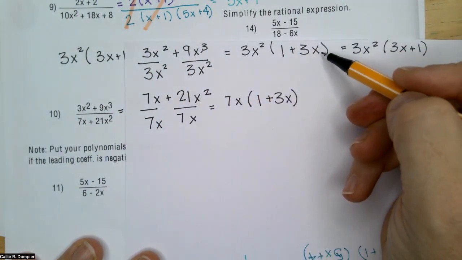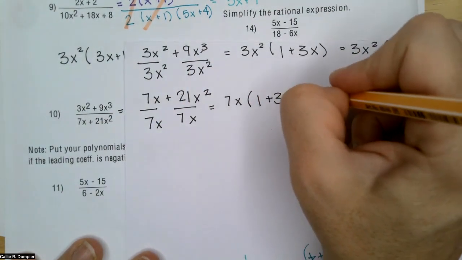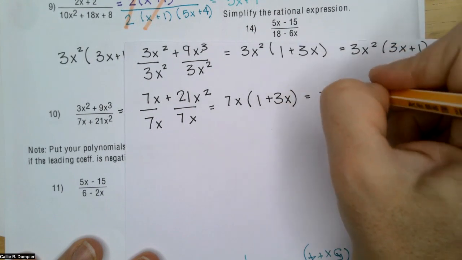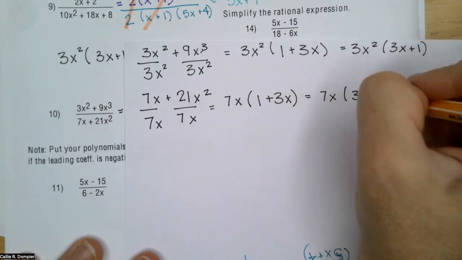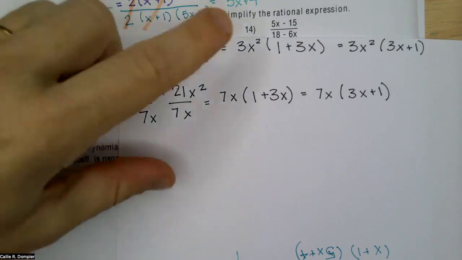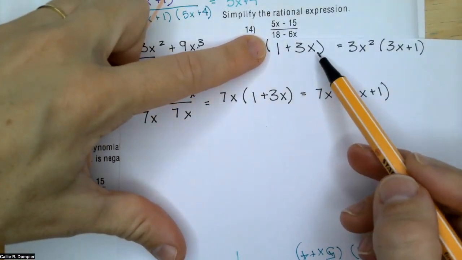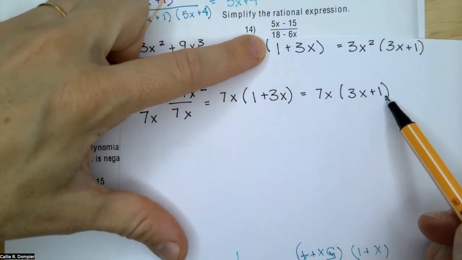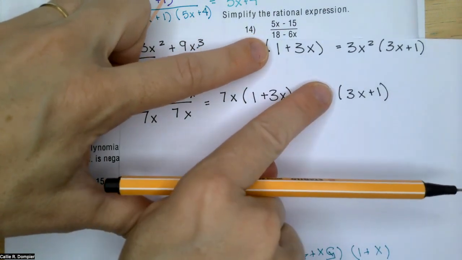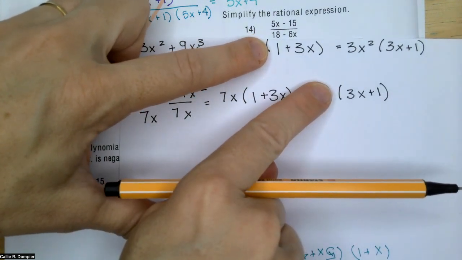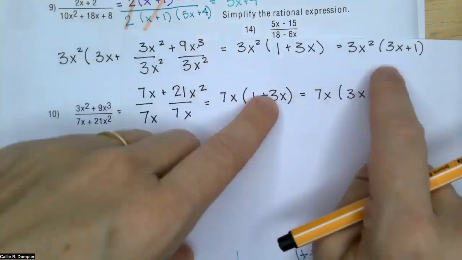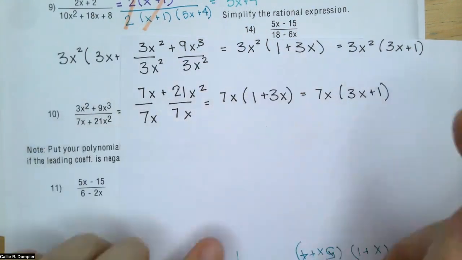So we have that same 1 plus 3x. I'm going to switch it to 3x plus 1. So sometimes on the bottom, it'll look like 1 plus 3x, and then maybe on the top, it'll look like 3x plus 1. That's the same binomial, okay? They just switch the terms, and that's perfectly fine. It doesn't change the value to switch the order.